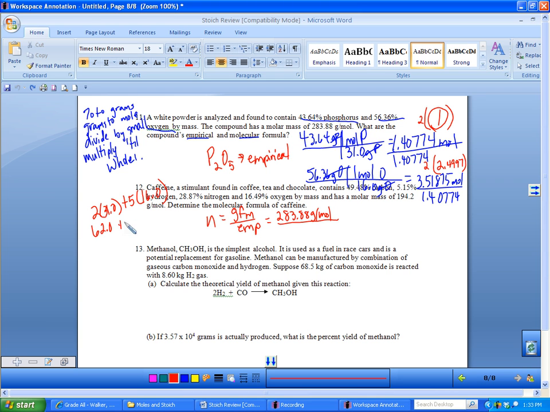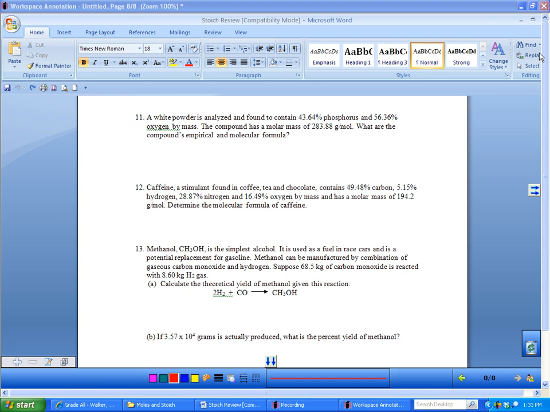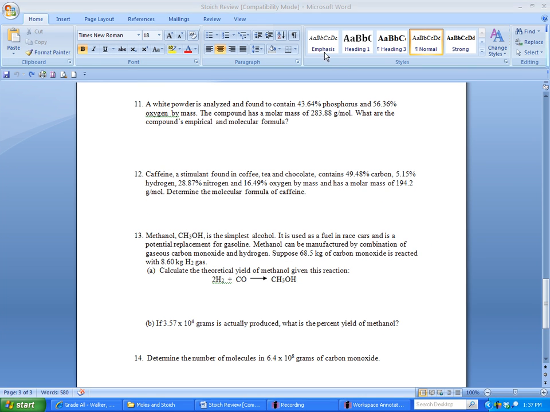So 62.0 plus 80.0 is 142.0. If I make that division occur, I get 2. So my molecular formula is twice as large as my empirical, so it becomes P4O10. And I'm going to stop there.